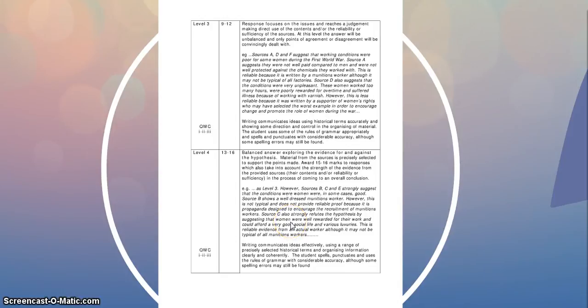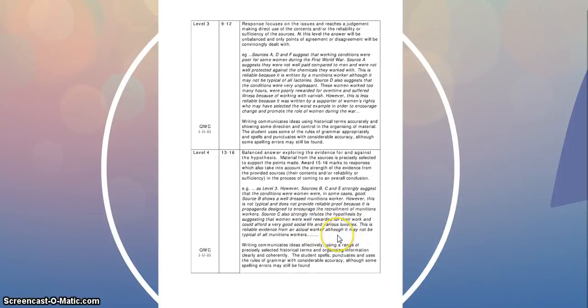Source C also strongly refutes the hypothesis by suggesting that women were well rewarded for their work and could afford a very good social life. Look at that key word there, refutes. Hypothesis. Technically great words that are going to score you a high mark. Suggesting that women were well rewarded for their work and could afford a very good social life and various luxuries.